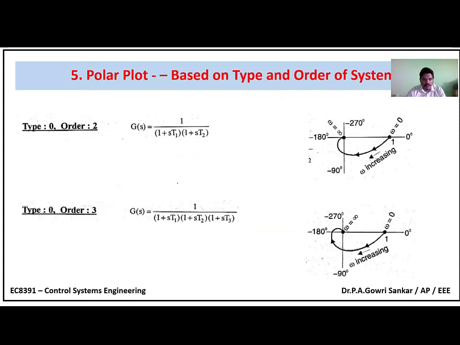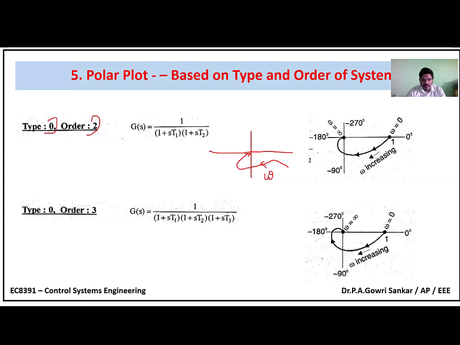Likewise, in the next problem, type is 0, order is 2. Type 0 means it will start in the second quadrant. Order 2 means it will end in the third quadrant here. You have to draw manually like that. After drawing, you have to put an arrow mark and write omega.